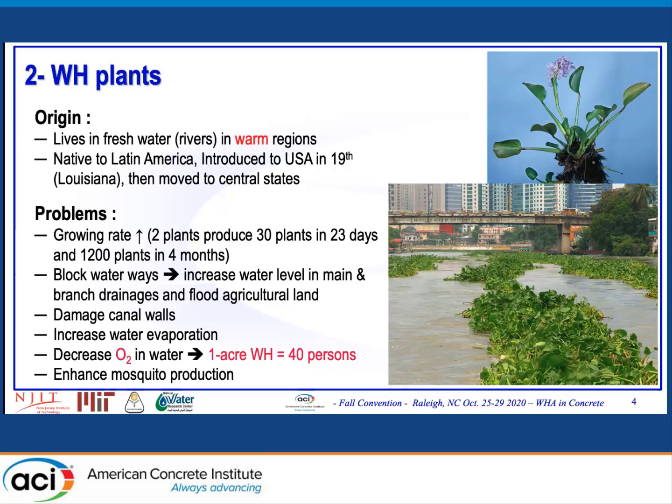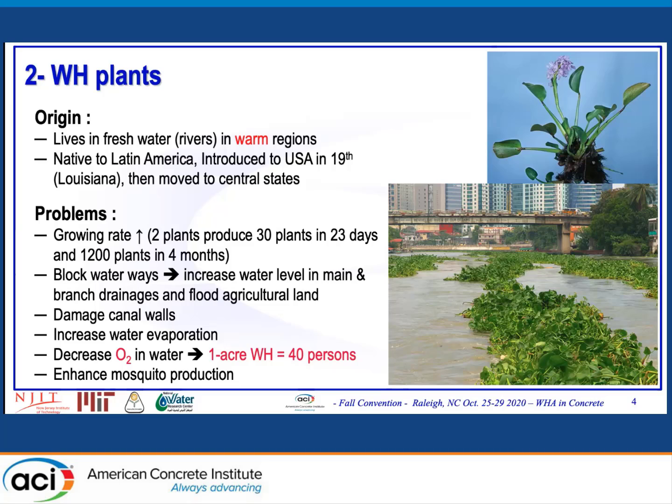So 1 plant can spread very fast, and this can block the waterways and increase the water level in the main branches. It can also damage the canal walls and increase water evaporation, especially since it grows on fresh water. And this also can decrease the oxygen in water.